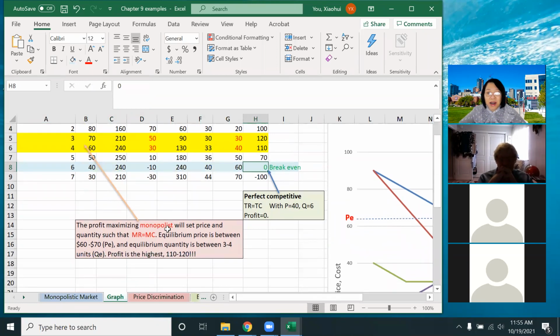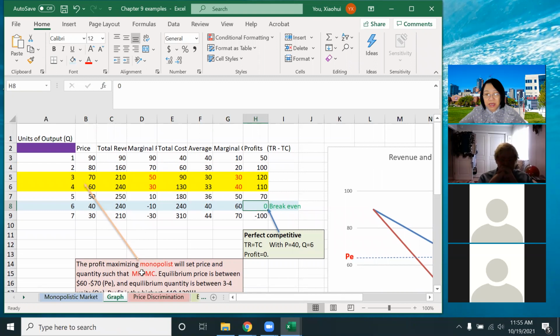But for the monopolistic market, their profit maximizing production is at MR equal to MC. So if you look at, see, this is MR. MR is between 30 to 50. And then marginal cost, MC, is between 30 to 40.